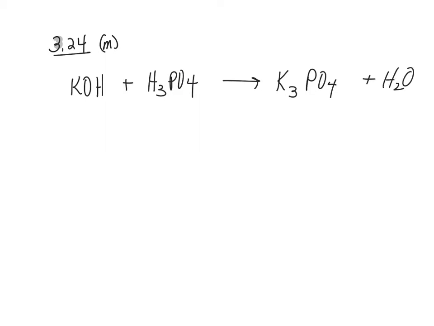Now, you want to keep your polyatomics together when you see something like that. So PO4, 3 minus, keep together. Don't separate those. So let's keep these as one unit.